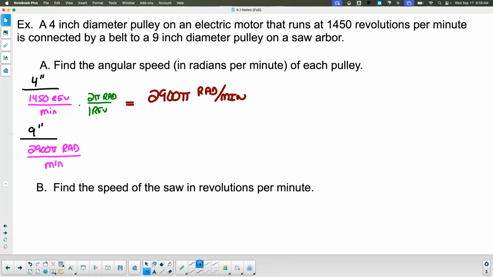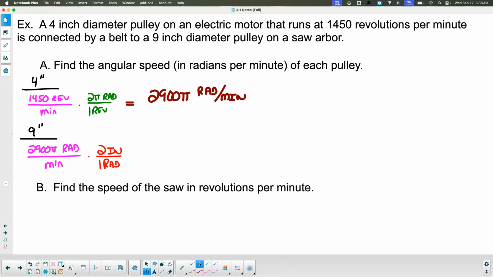I know that the 4-inch has a radius of 2 inches. So that belt is currently spinning at 5,800 pi inches per minute. And that's the linear speed of the belt.